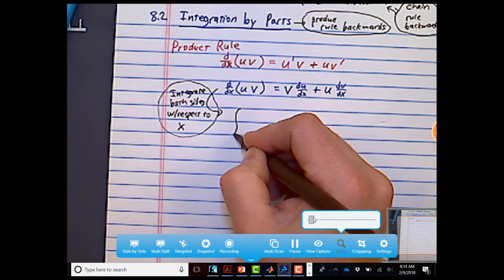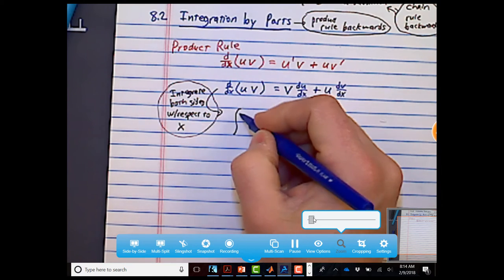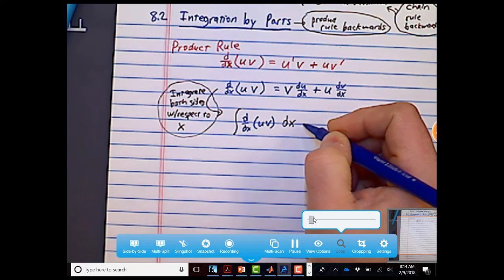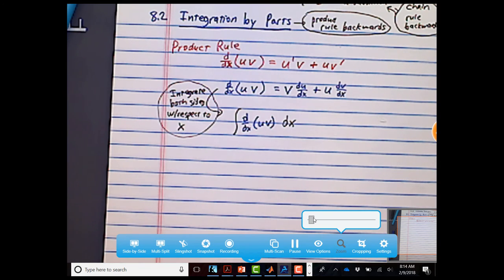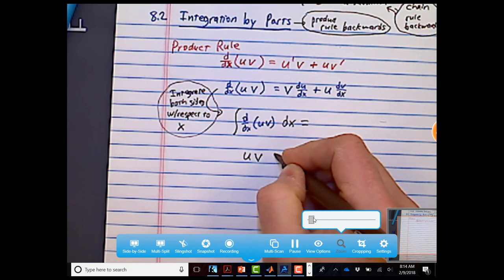So on this side, I'll just put, again, the derivative of uv. And of course, what's this left-hand side going to become? That's just going to become uv. Yeah, uv.